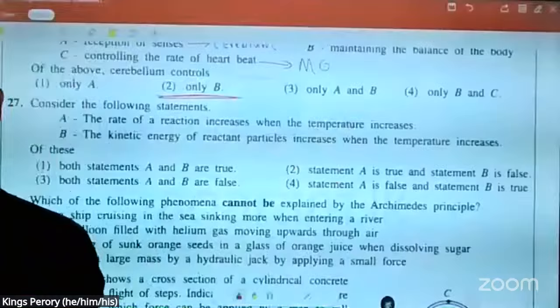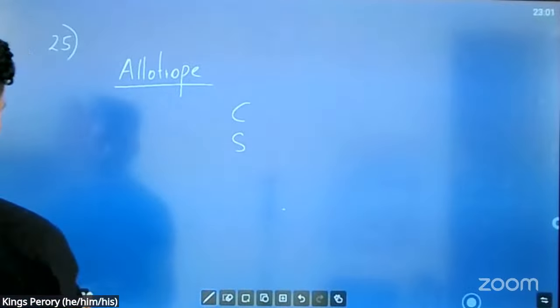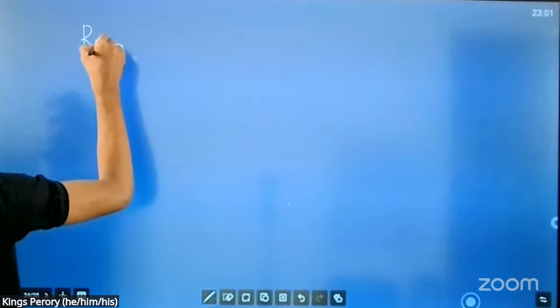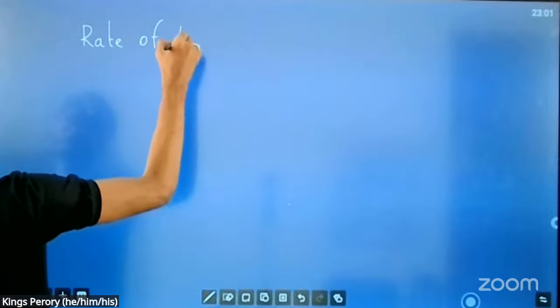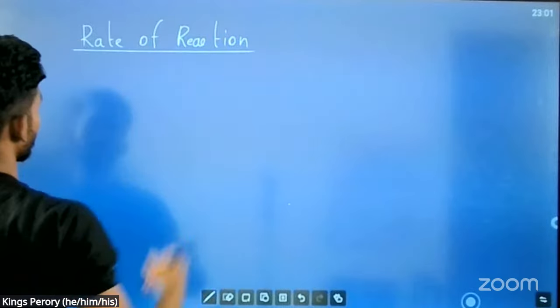Rate of reaction depends on 4 factors. What are the 4 factors?